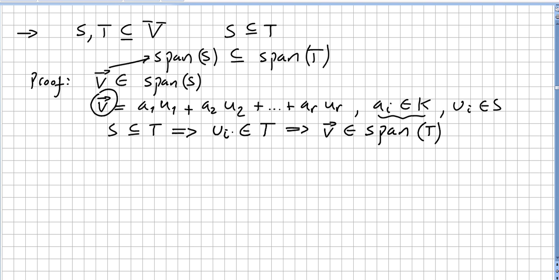Because we wrote V as a linear combination of vectors u. So since V is in the span of T, an arbitrary vector, we can say that the span of S is a subset of the span of T. And that concludes the proof.